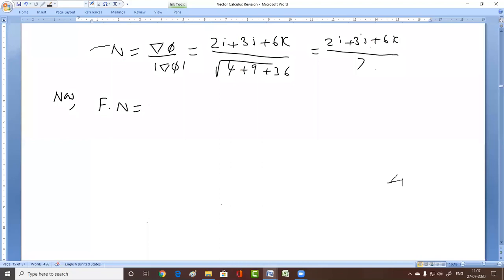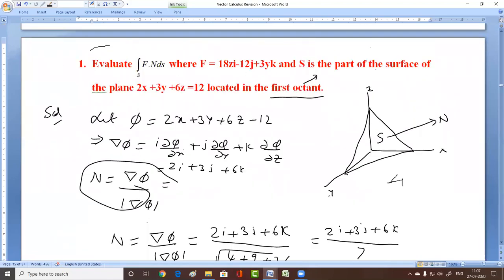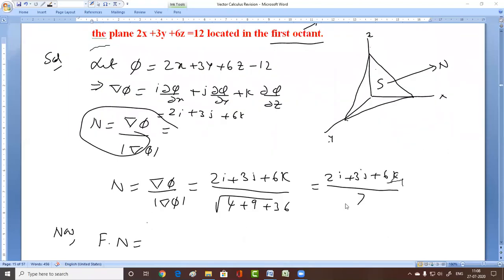F equals 18zi minus 12j plus 3yk. Now this is f. So take the dot product with n. Dot product with n is nothing but multiply the i coefficient, j coefficient, and k coefficient. So 18z into 2, 36z.